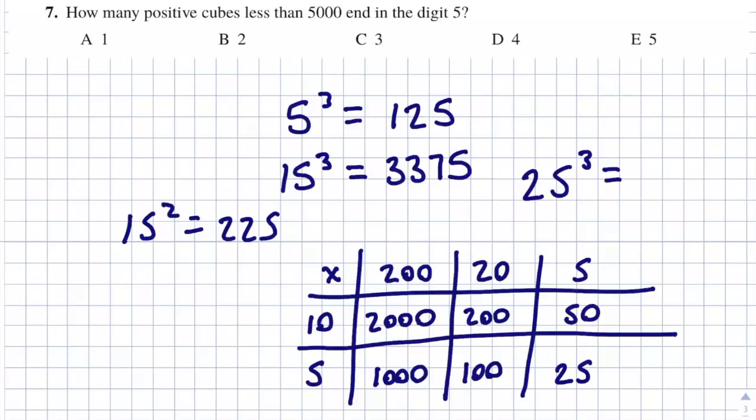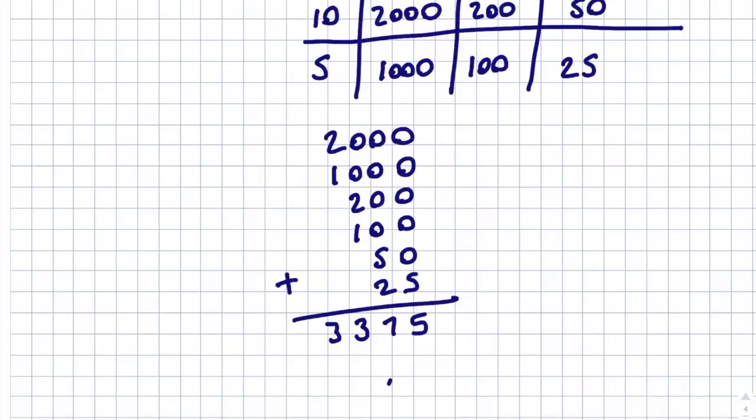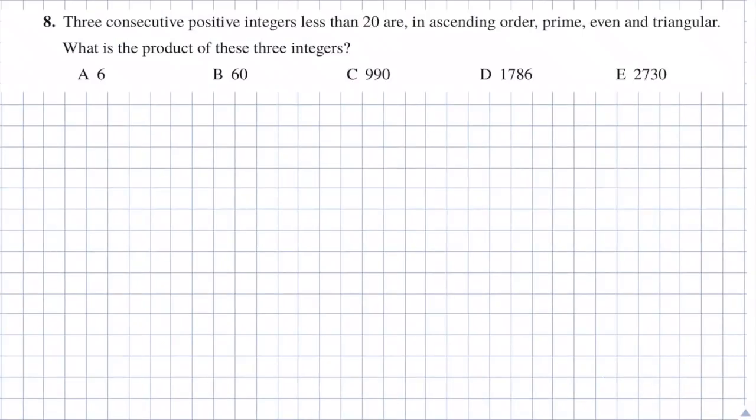But based on this information, I can see that there are only 2 positive cubes that are less than 5,000. So that means our final answer is going to be answer B. So therefore, our final answer equals B.